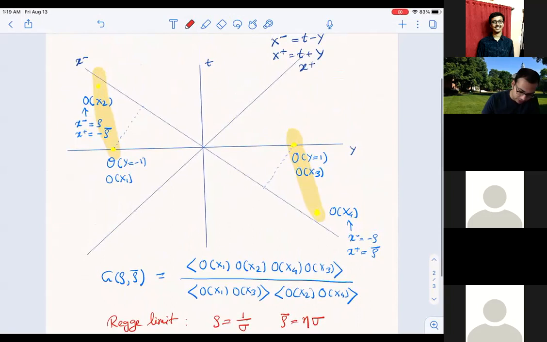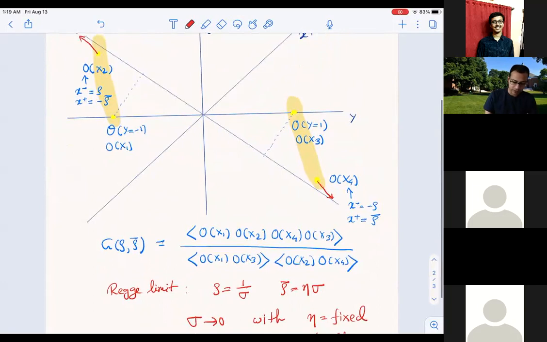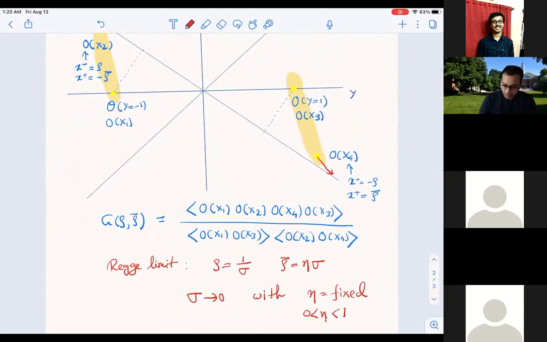Pictorially, what it does is I'm taking this operator and this operator to infinity, and so basically these two operators are approaching the light cone and they are approaching infinity at the same rate. So that's what this particular limit says. Any question or confusion or anything at this point?